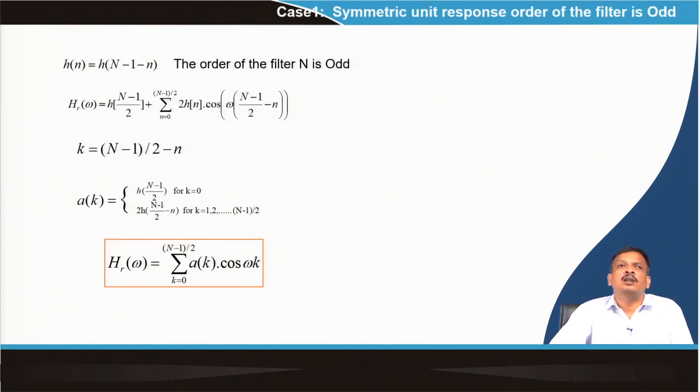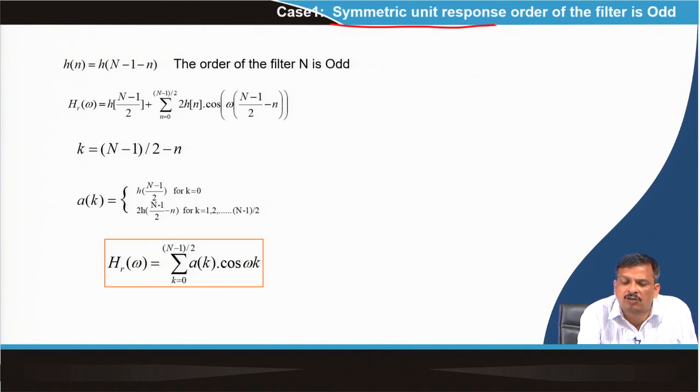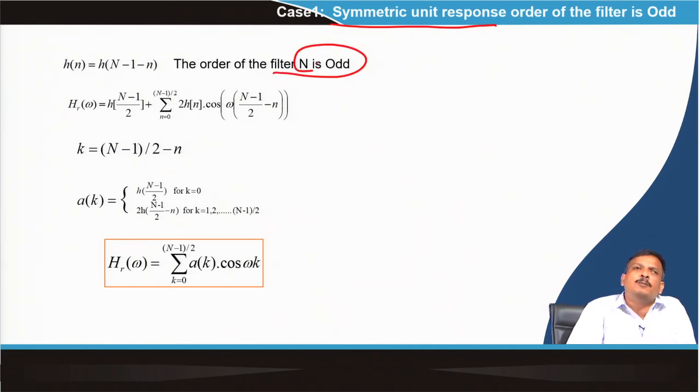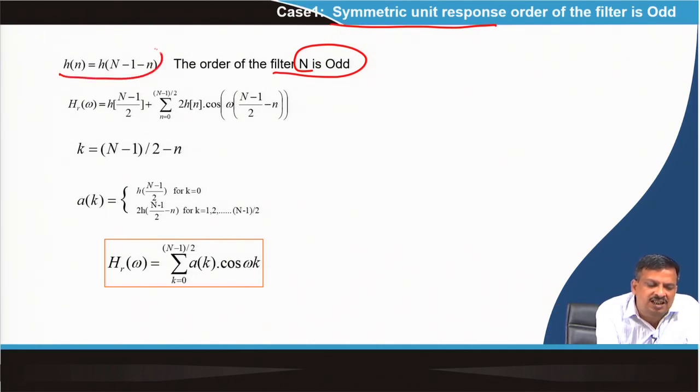Now, I know that there are 4 methods for design of a linear phase FIR filter. In case 1, which is a symmetric impulse response and order N is odd, the order of the filter N is odd and the impulse response is symmetric.